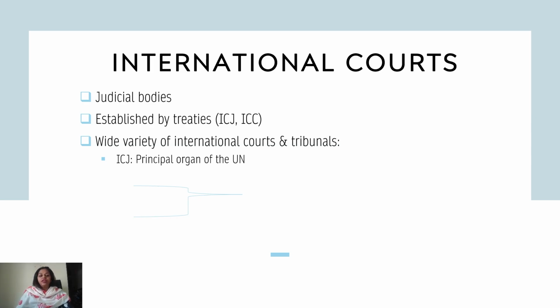As we discussed in a previous lecture on the United Nations system, there are six principal organs of the United Nations, and the International Court of Justice is one of them. But beyond the United Nations, there are other international courts as well.